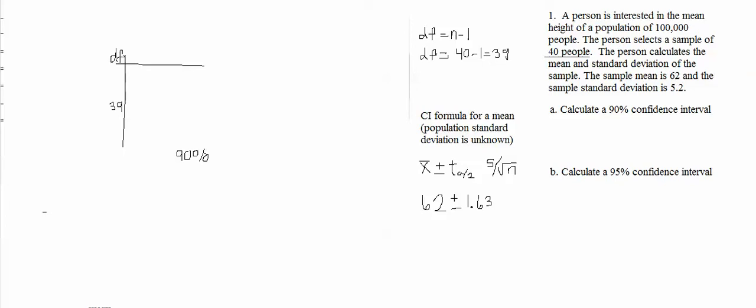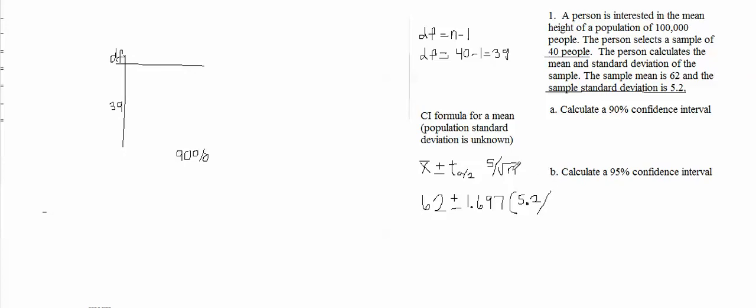Oh, it's actually 1.697. What we would plug in over here is the sample standard deviation, because s is sample standard deviation, and the question is telling us that it's 5.2. 5.2 goes right here.